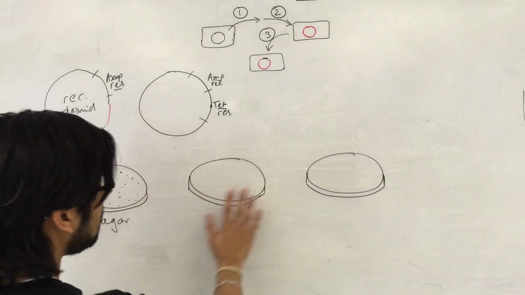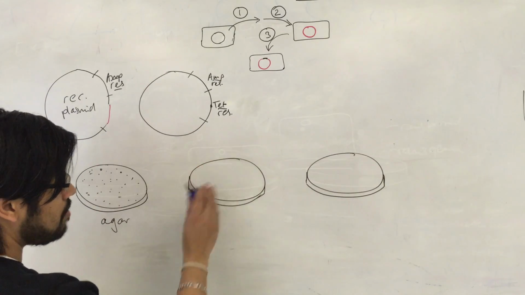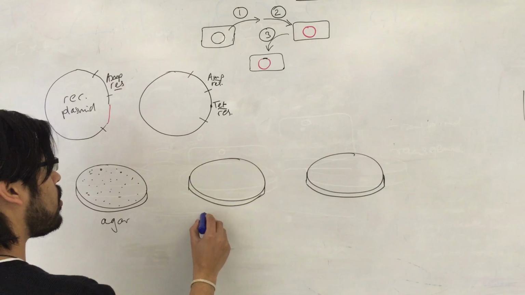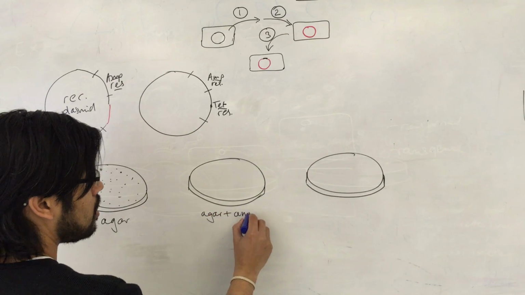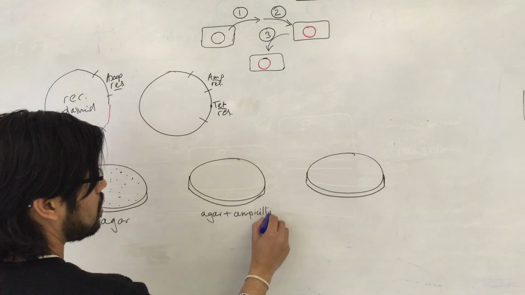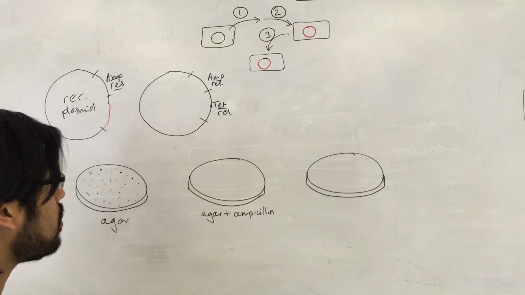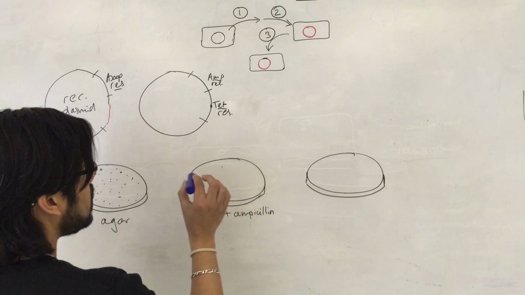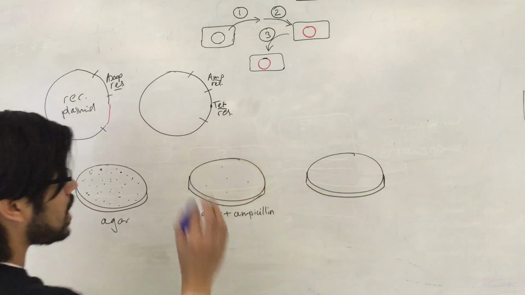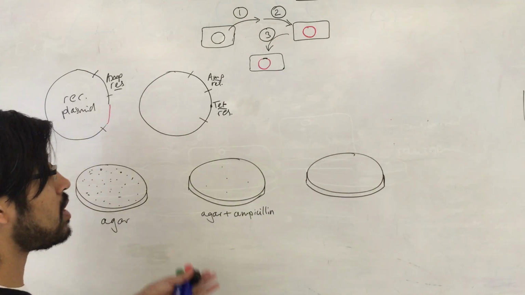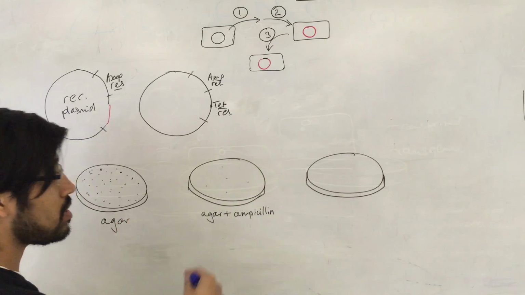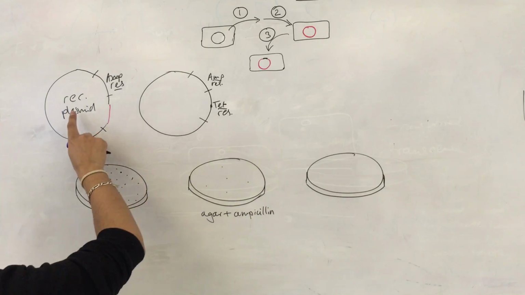However, if we had plated those same bacterial cells on agar that contained ampicillin, an antibiotic, the only colonies that would grow would be the bacterial cells that had been transformed with our vectors.